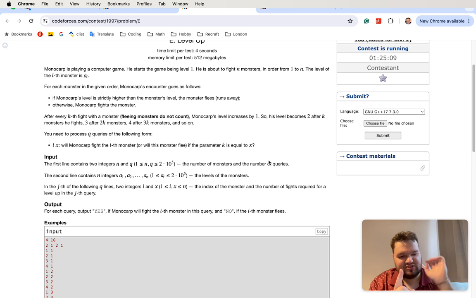So we need to ignore them, and we need to find the first place where we need to jump k. Jump to the first place where we actually fight k monsters. So find the first place such that on this segment there are k values that are at least 2.